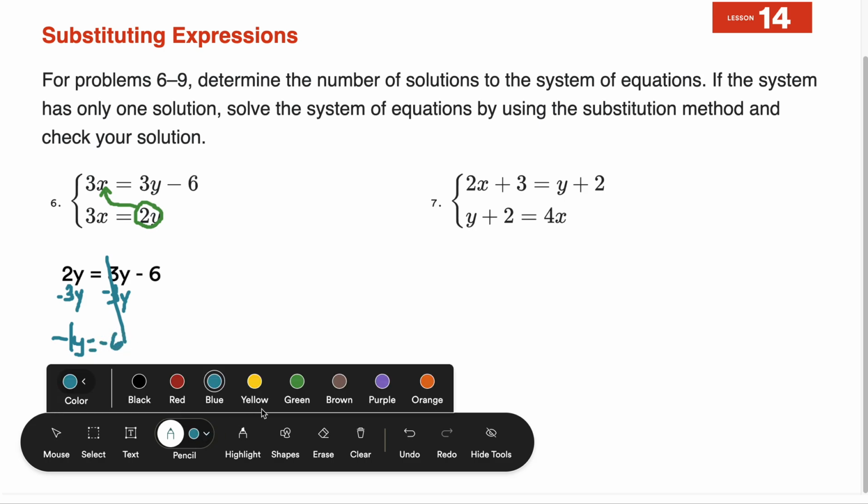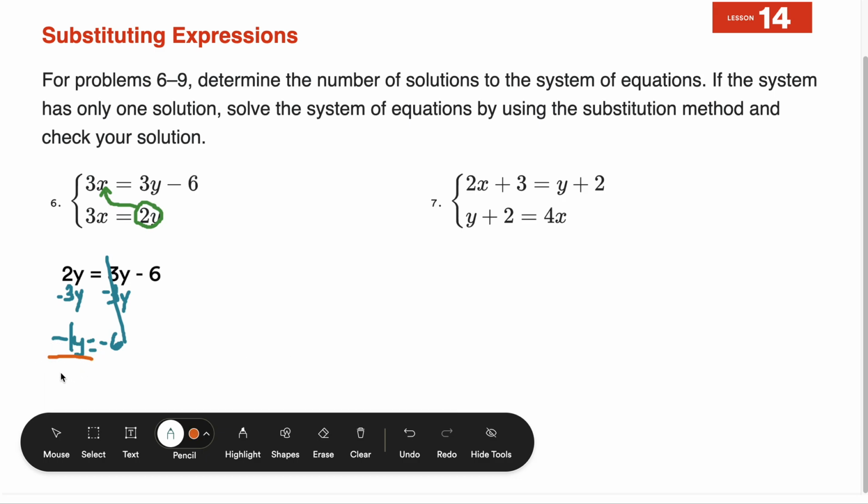One more step. I don't have y alone yet, so I do need to divide both sides by negative 1 to get me to y equals 6.